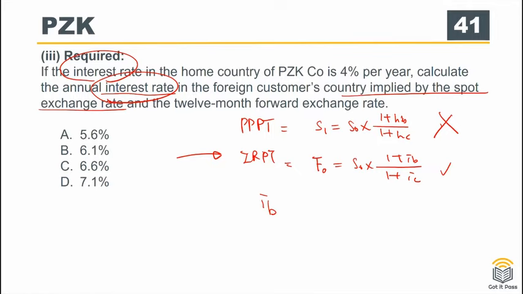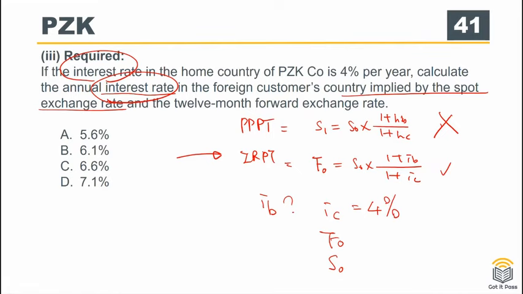The foreign country interest rate is unknown. We only know the home country is 4%. And how about the forward rate and spot rate?